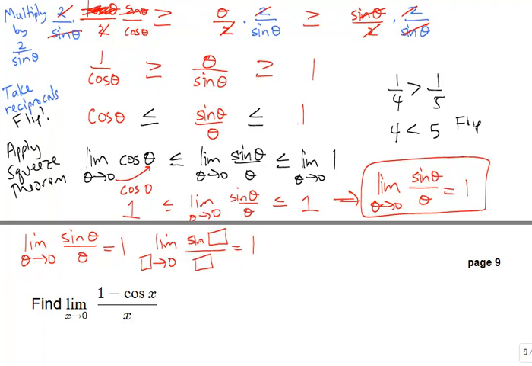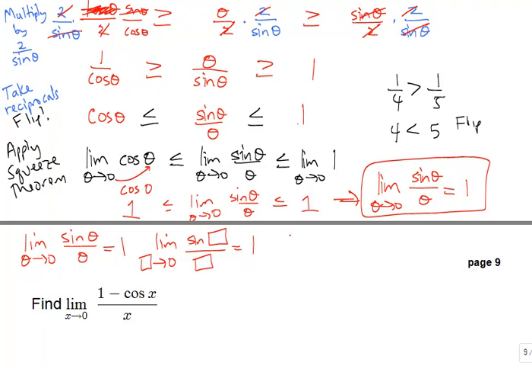Some of the limit problems that we're going to do are not going to just have thetas or x's right here. You might have 2x or 3x or x squared or something like that. So if we change this expression where this box is, as long as you have that same expression in the top and in the bottom, and that expression is going to 0, then the limit will still be 1. So this is kind of like a generalization of this theorem.